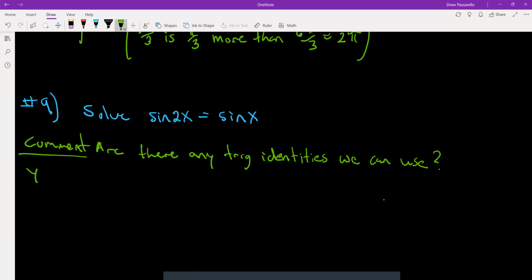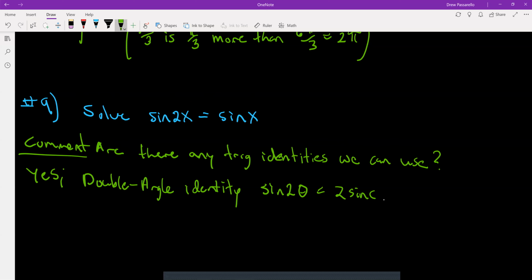Yes, there's the double angle identity. Sine of 2 theta is equal to 2 sine of theta cosine theta.